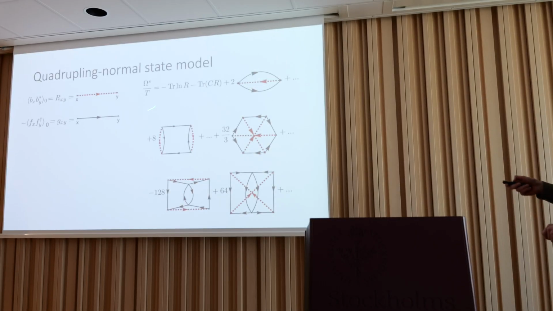So I expand my grand canonical potential in its skeleton version, and I obtain the following form, with some zero order terms. For example, this bubble with only one bosonic propagator corresponds to the simplest BCS model.